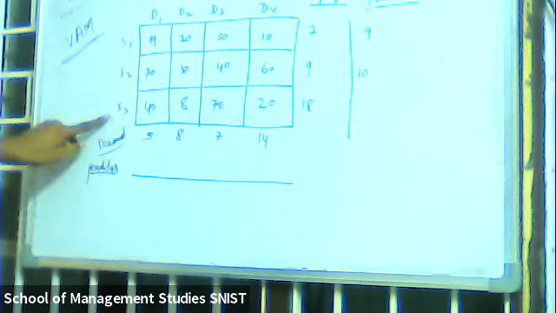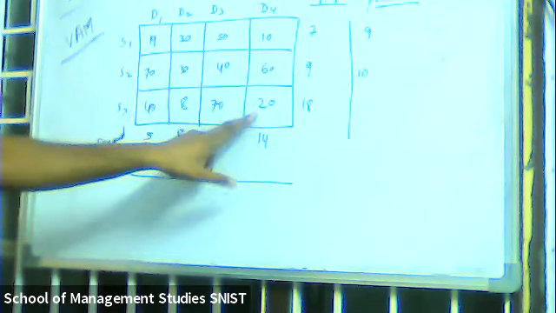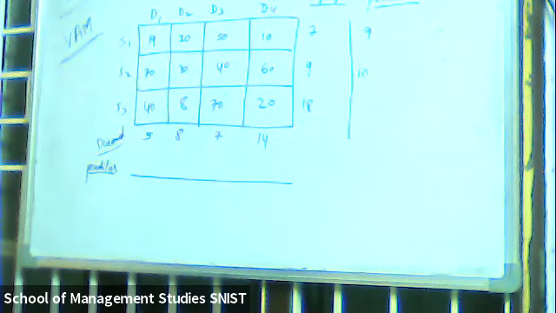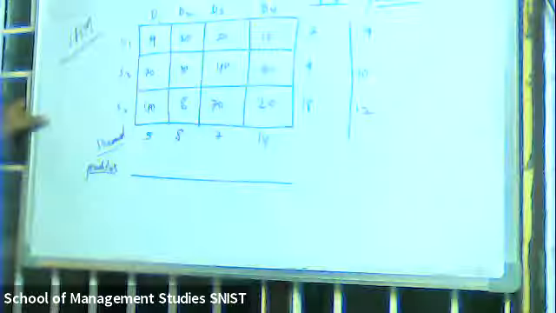Now third row. The first least value is 8, the second least value is 20. So 20 minus 8, 12. The penalty is 12, sir. Any doubts? No, sir.